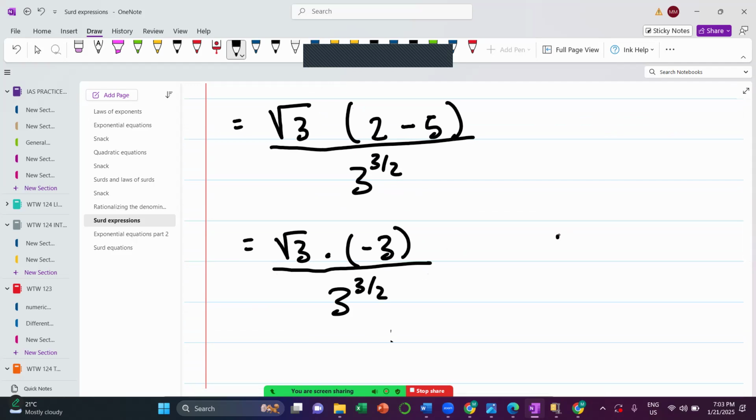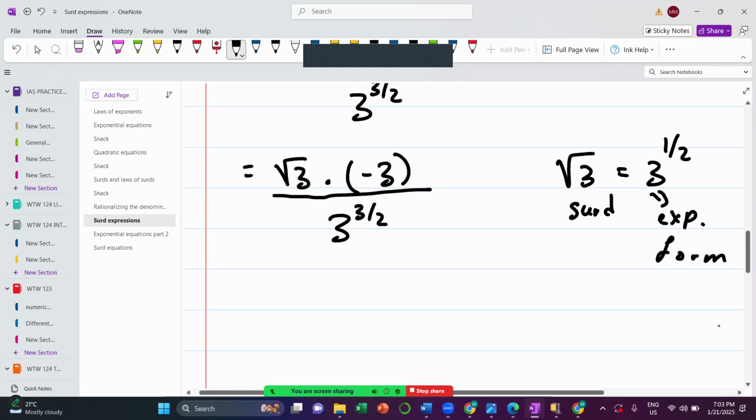So I'm going to have square root of 3 times -3, all over 3 to the exponent of 3 over 2. Do you allow me to say that square root of 3 is just equal to 3 to the exponent of 1 over 2 in exponential form? So we are moving from a surd to exponential form.